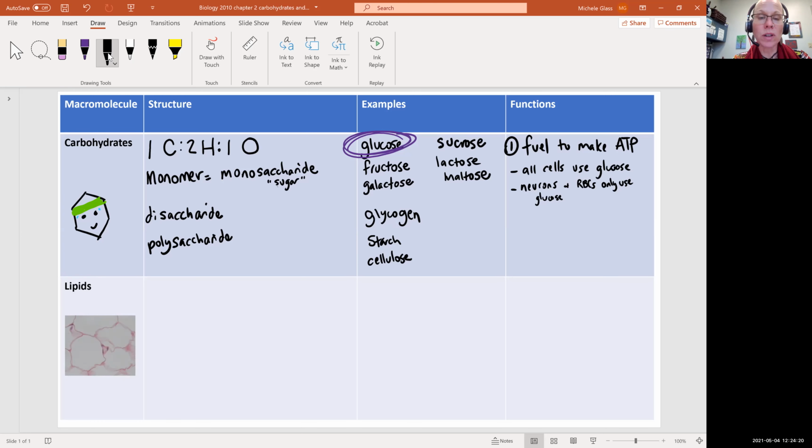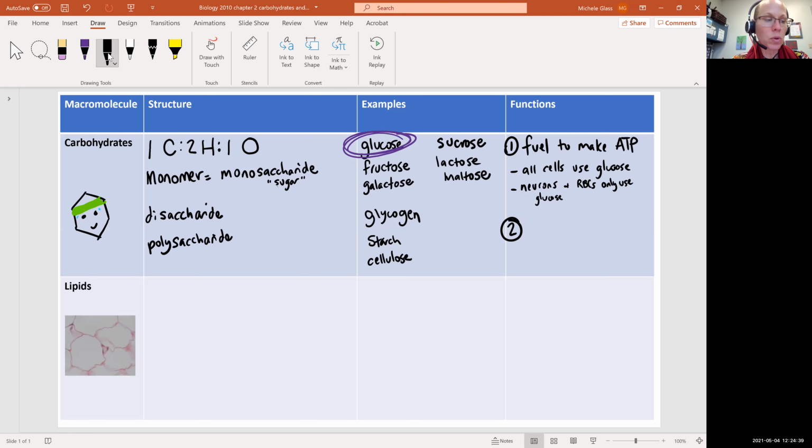So sometimes if we're asleep and not eating glucose, then our body has to go through different activities to reserve that glucose for the red blood cells and the neurons. And what we'll see is the rest of your cells will use a lipid. So we'll talk about that in a few minutes.